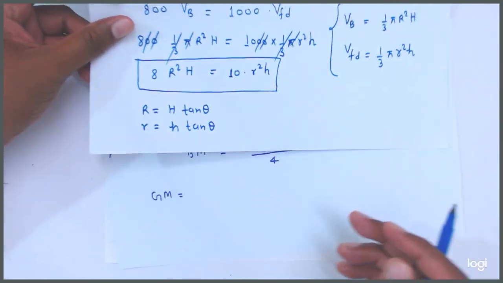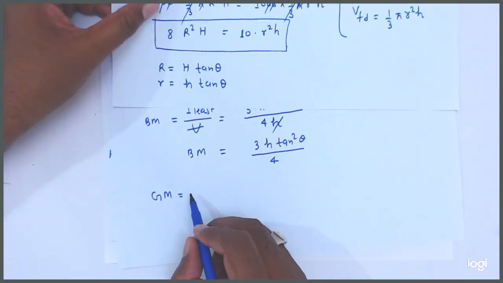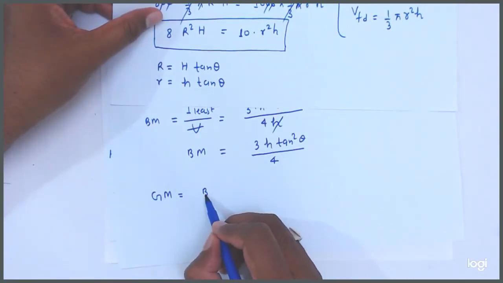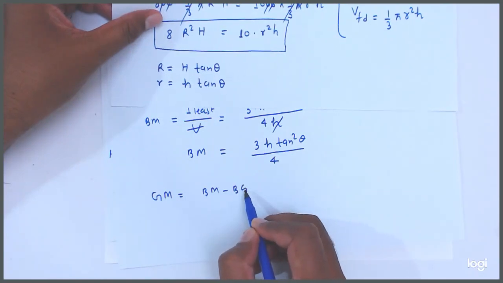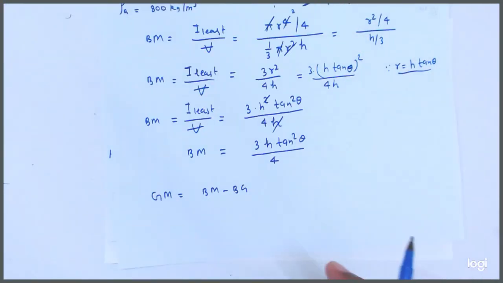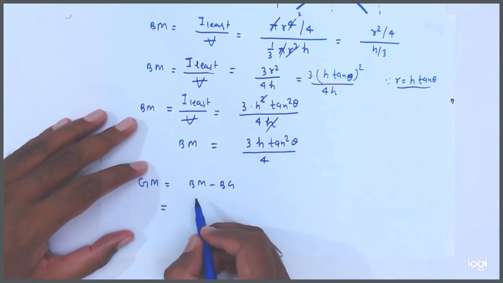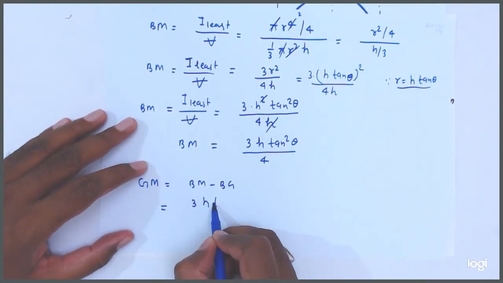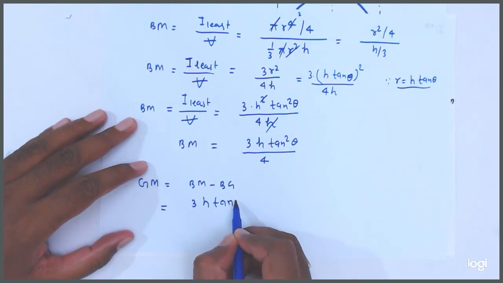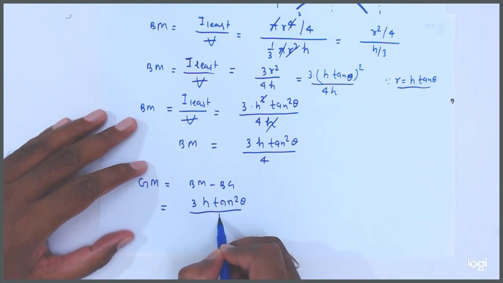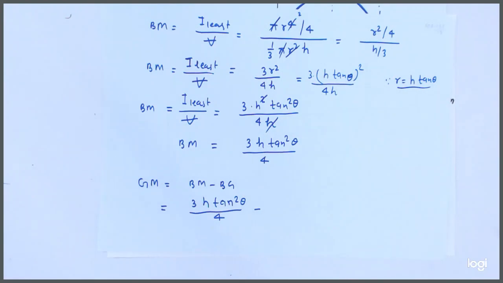We already calculated all the values. So BM is 3h tan² theta by 4, minus the BG value.